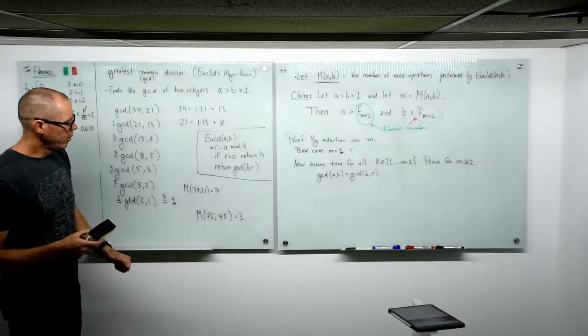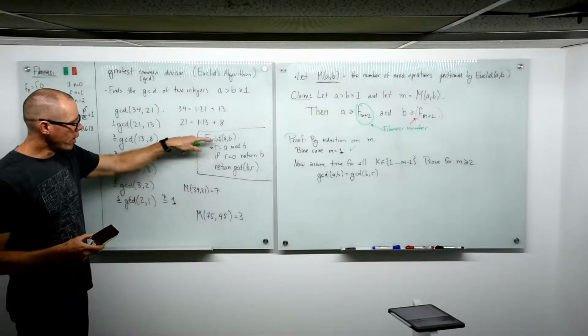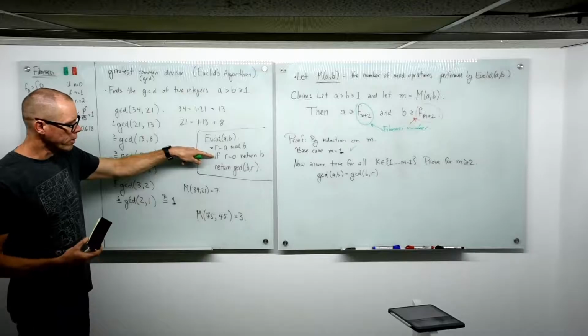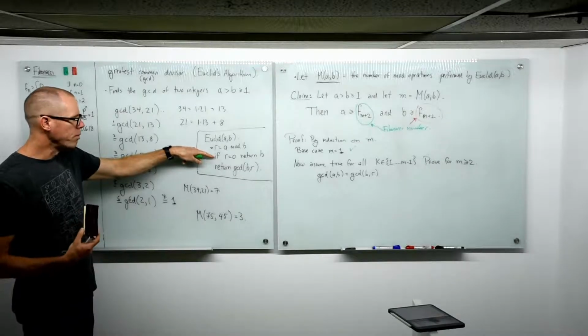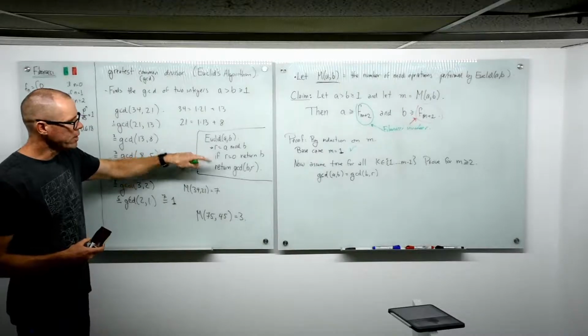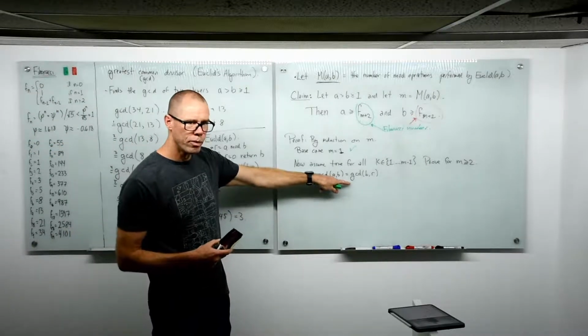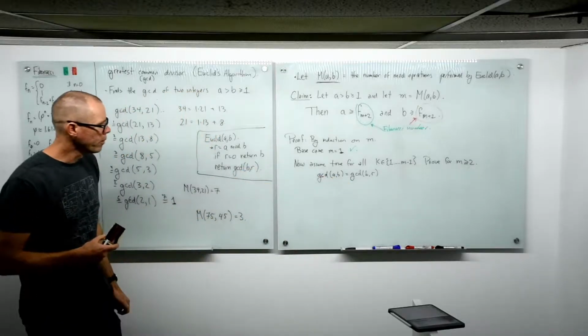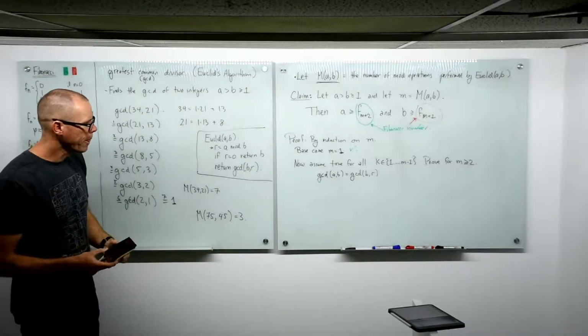Because the remainder wasn't 0, otherwise m would be equal to 1. So A mod B is not equal to 0, otherwise m equals 1, which means that this is true. That's what that theorem was.